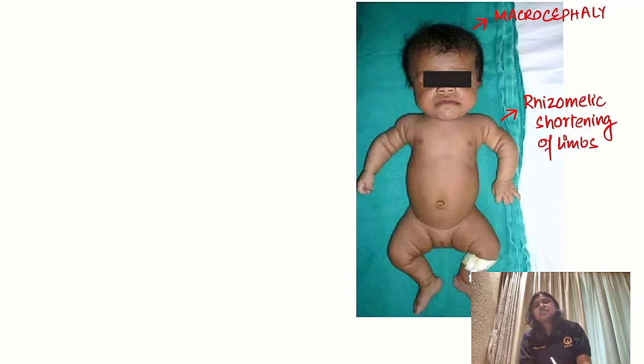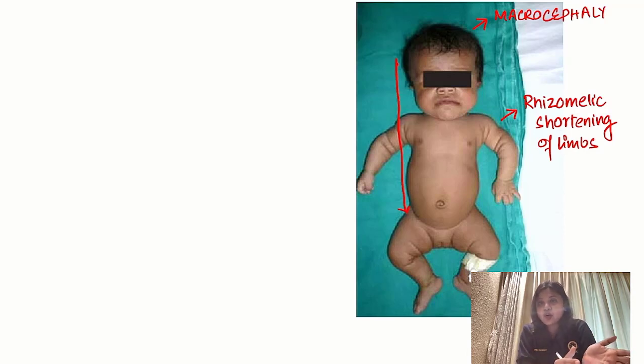And of course, I think you can appreciate the short stature. And this short stature is disproportionate. Why am I saying that this short stature is disproportionate? Just see the ratio of the upper segment and the lower segment: the upper segment is more as compared to the lower segment. So this condition is the most common genetic cause of disproportionate short stature. Every word is important.